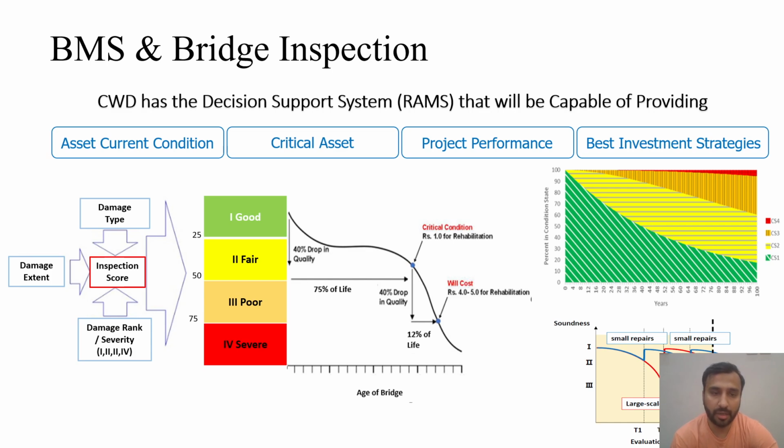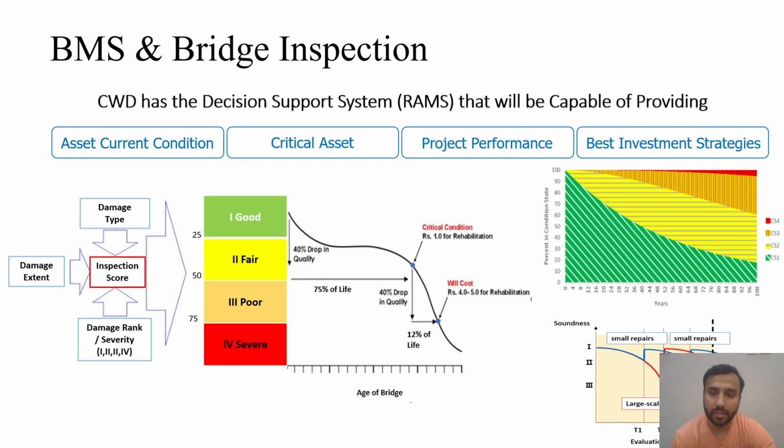Such condition is normally assessed through bridge inspection using various techniques that involve the identification of damages in different structural and non-structural components of the bridges, and also the identification of types, extent and severity of the bridge damages. So the purpose of the bridge management system is to have such information, not only for timely repairs but also to customize the maintenance budget in the best possible way.